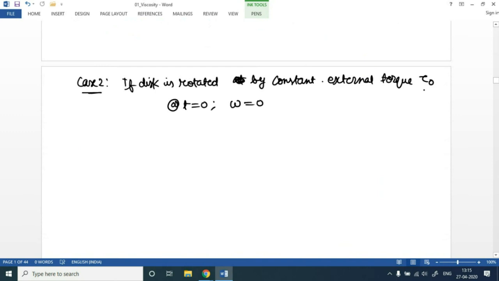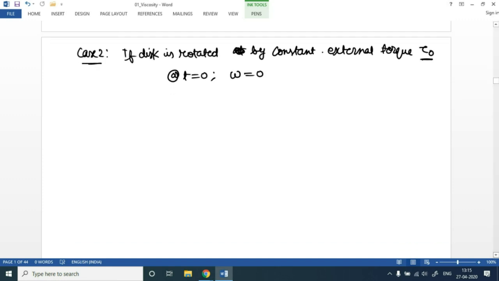So we have started applying an external torque tau naught on the disk, and the motion is starting from rest. The initial angular velocity is 0. Now again we wish to find out the angular velocity as a function of time. So again, we need to write the same differential equation.